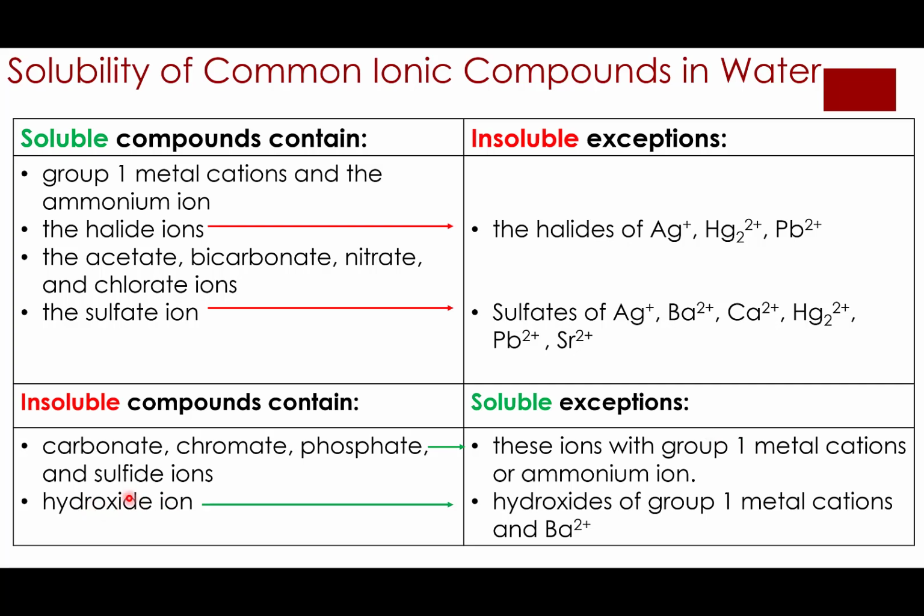The hydroxide ion, that OH minus, is typically insoluble, with the exception of when it is attached to group 1 metals and barium. So barium is also in there. So hydroxide attached to group 1, hydroxide attached to barium would be soluble. Any other compound attached to hydroxide is insoluble.